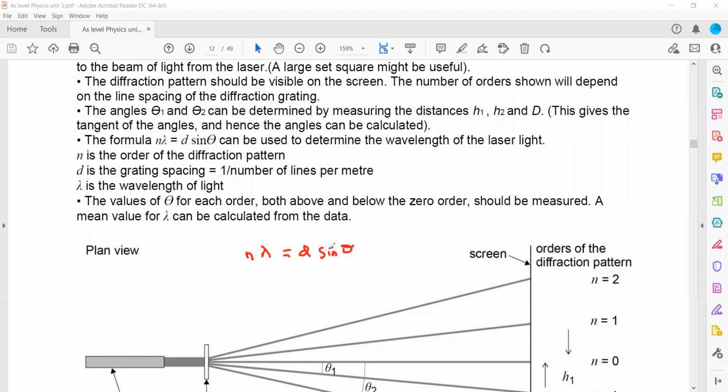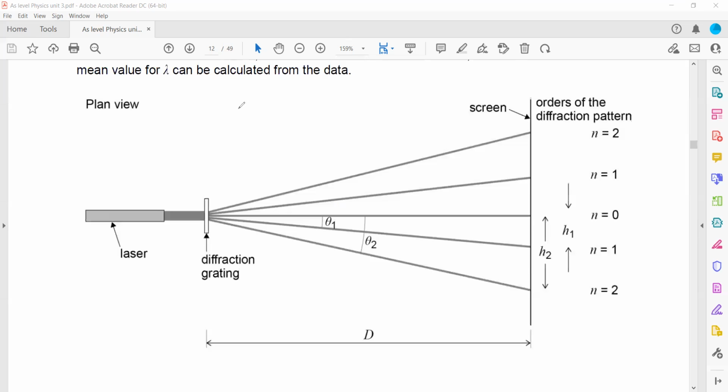So how do we get these values? n is the order of the image, the image we are focusing on. If we are focusing on the first image, n equals 1.